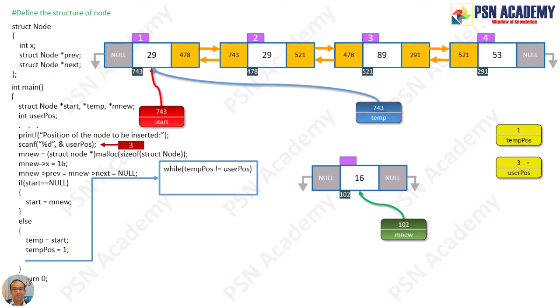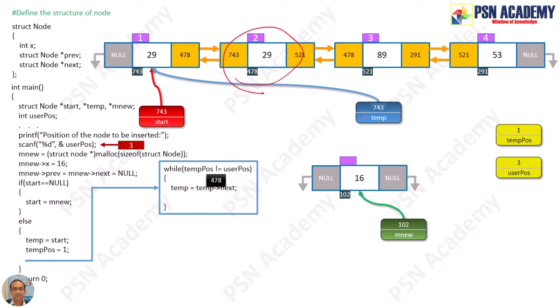So we have user pose equal to 3 and temp pose equal to 1 at present. Now what we see is not matching. Since it is not matching, we run the while loop and we write the code inside that: temp equal to temp next. Now what is temp next? Temp next is 478. That means this one.